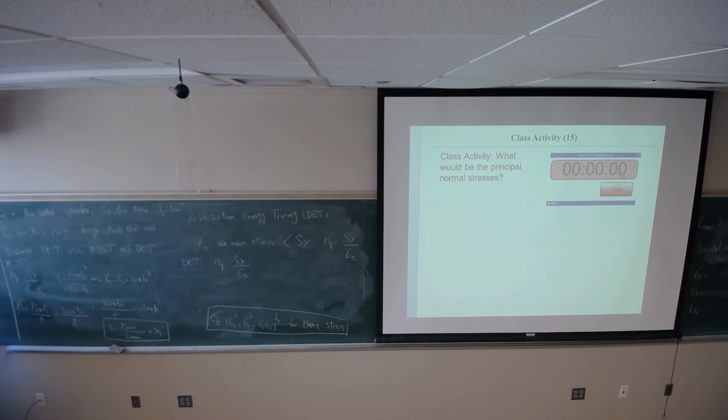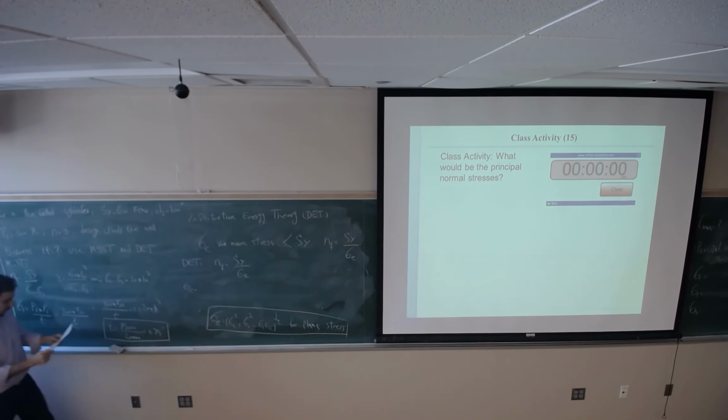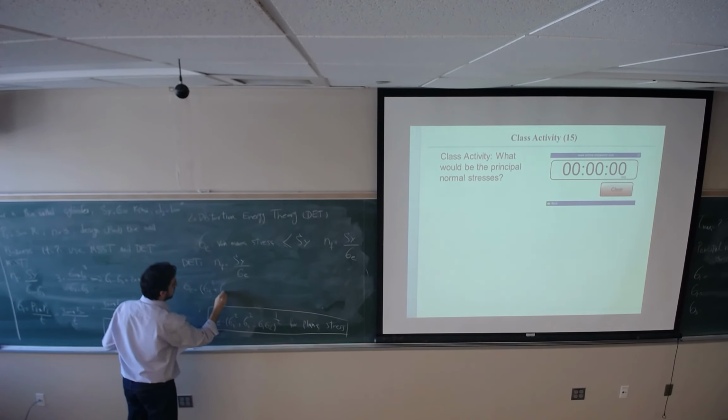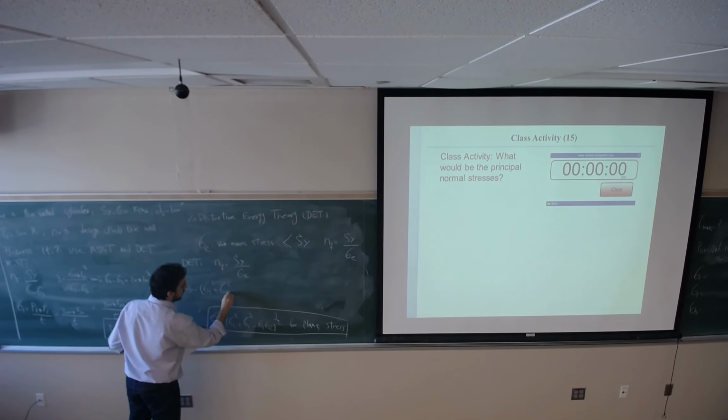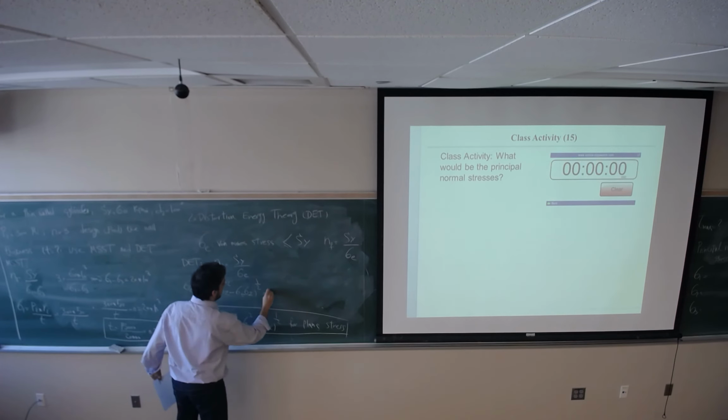I should find the von Mises stress, which is the square root of sigma T squared plus sigma Z or L squared minus sigma T times sigma Z.